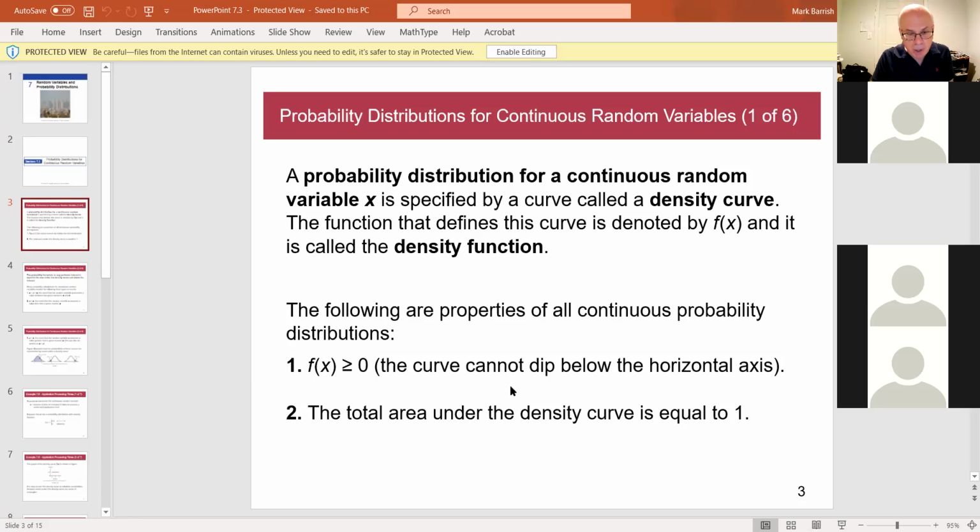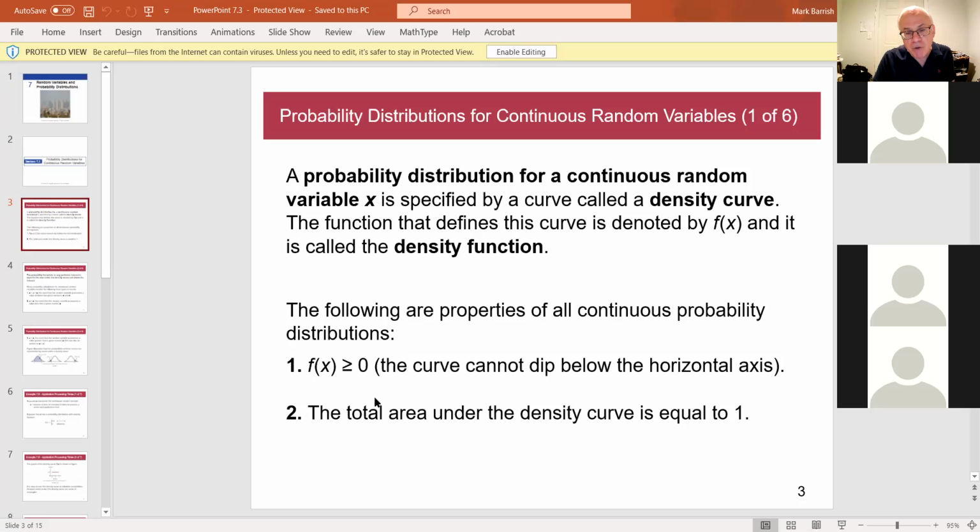Now, it could touch it. I shouldn't say it can't touch it, but it can. But it can't be negative. In other words, it can't be a negative y. So f of x, which is the y value, the height, is always above the x-axis. It can be 0, but in most cases it's bigger than 0.